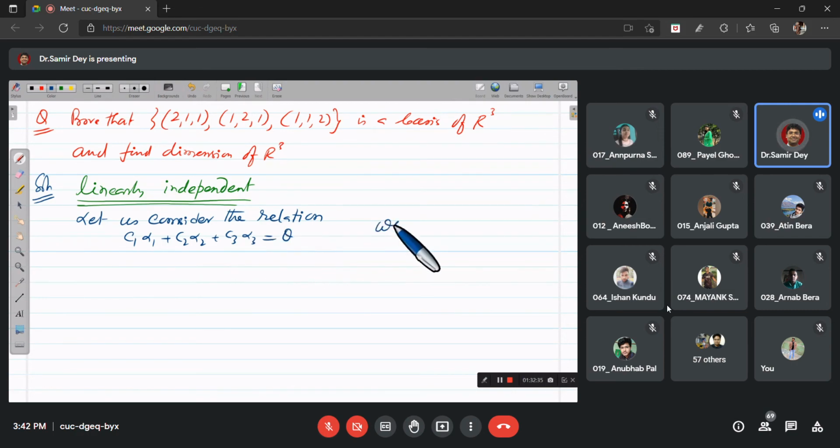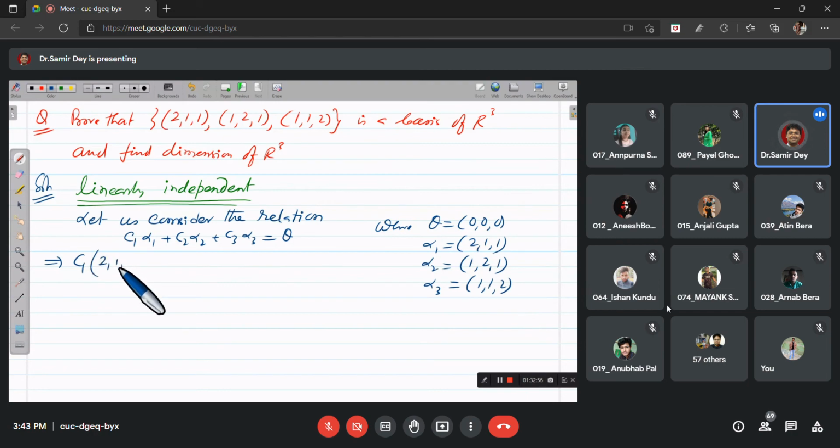Now we can write where theta is equal to (0,0,0), alpha 1 is equal to (2,1,1), alpha 2 is equal to (1,2,1), and alpha 3 is equal to (1,1,2). Okay, now you substitute everything over here. That is C1(2,1,1) plus C2(1,2,1) plus C3(1,1,2) is equal to (0,0,0).